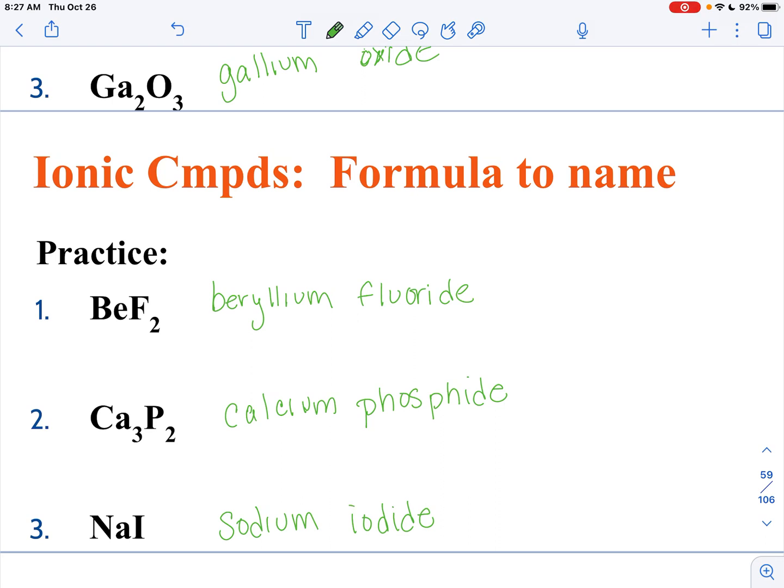And there you go. So that's it for naming simple ionic binary compounds.